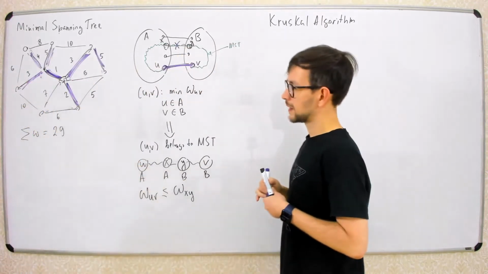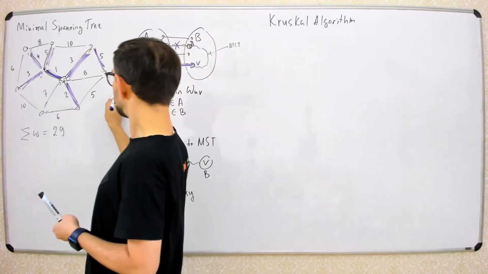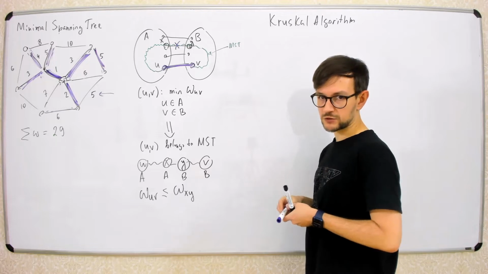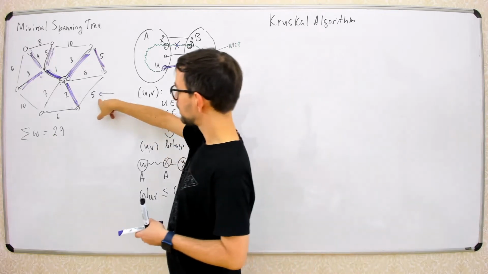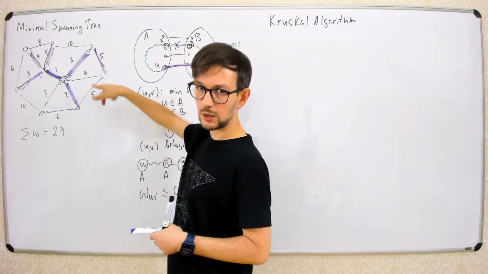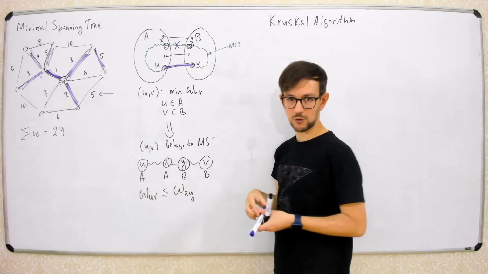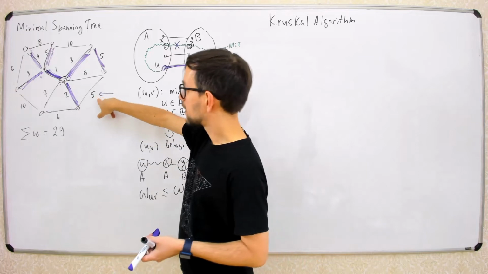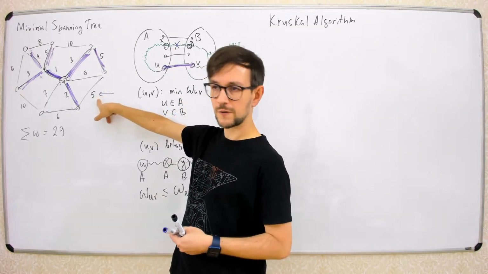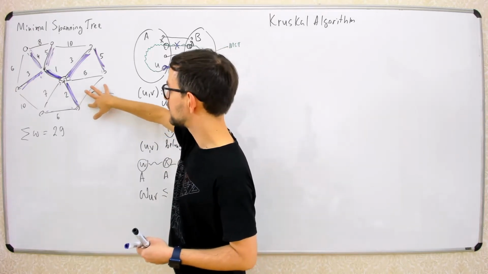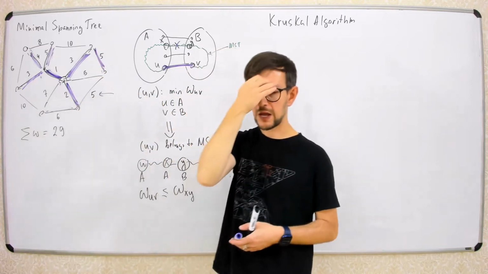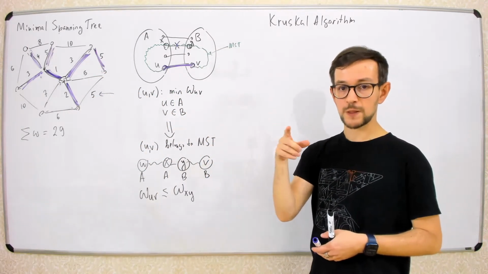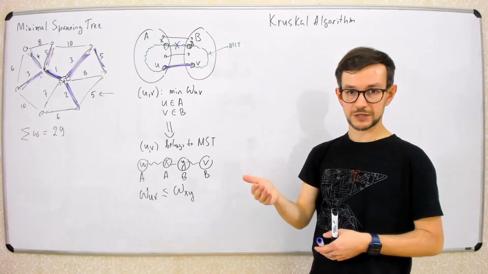Now, at some point we will try to add this edge. This edge shouldn't belong to a minimal spanning tree, because if we add this edge, we will have a cycle, and we don't want to have cycles in our spanning trees, right? So if we take the next edge in the sorted order and try to add it to our spanning tree, and we see that we will get a cycle, then we just skip this edge and go to the next edge.